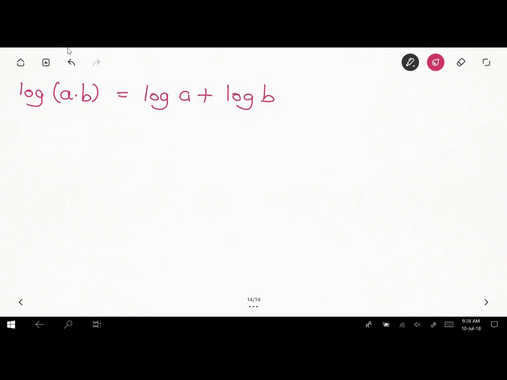How we go about doing this is pretty simple.